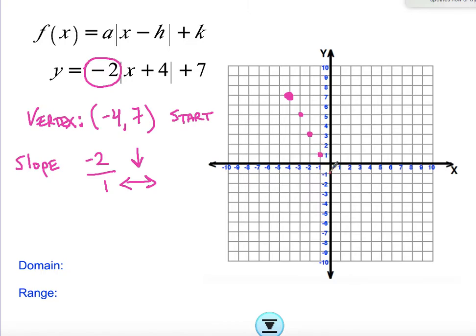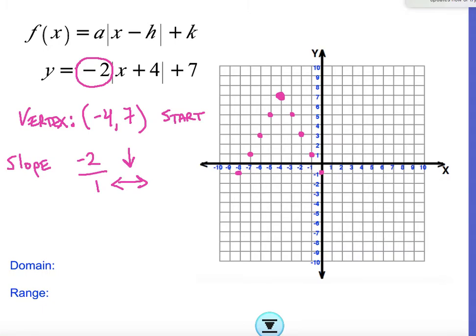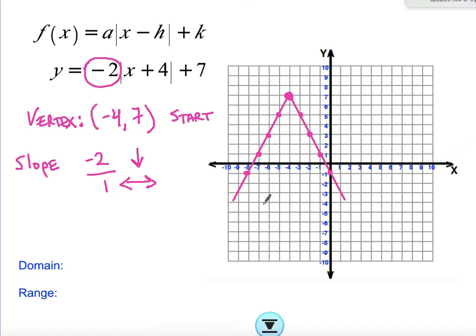I could keep going. Go back to the starting point, go down 2 and the other direction 1. So now down 2 to the left 1, down 2 to the left 1. Okay, and then connect those dots. Put arrows on the ends.